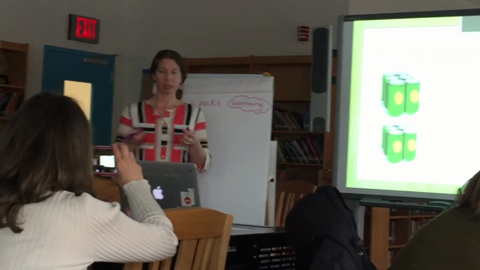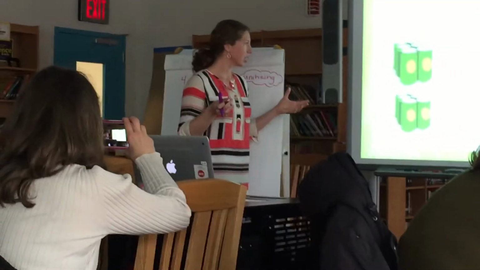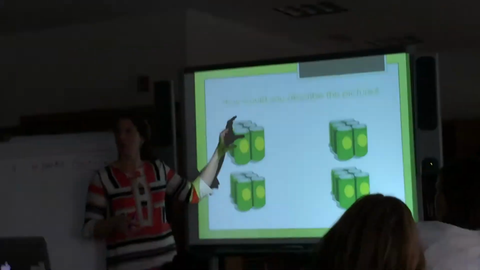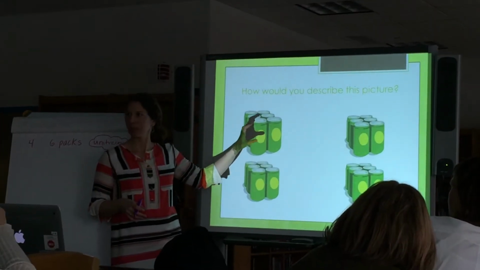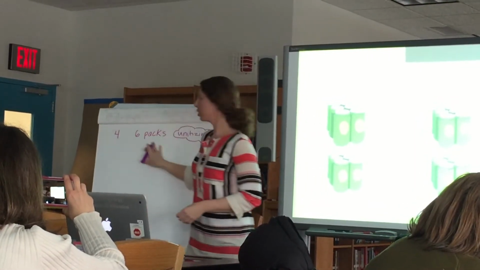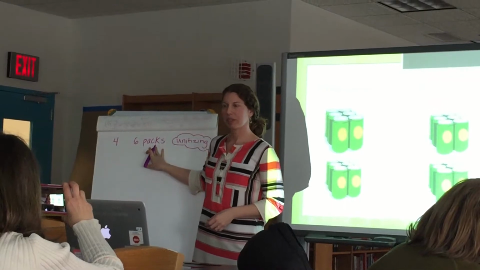So when we move to multiplication, we start to think about one grouping as one unit, but also 6 items. This description shows that idea that kids need to be able to unitize.